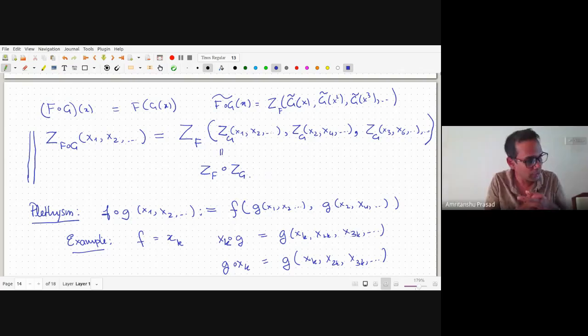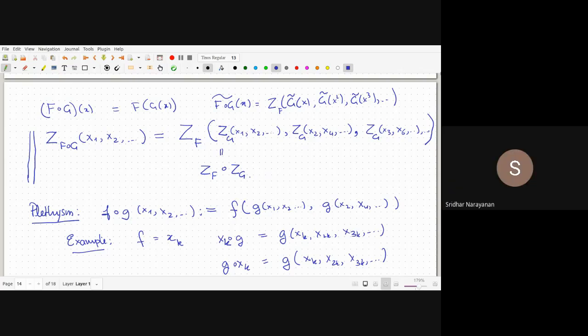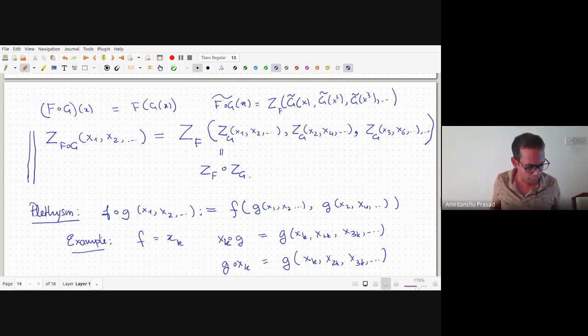Oh, really? Then there may be some wreath product on species. I'm not aware, but for graphs, I remember reading about it. Maybe you can tell me about it later.